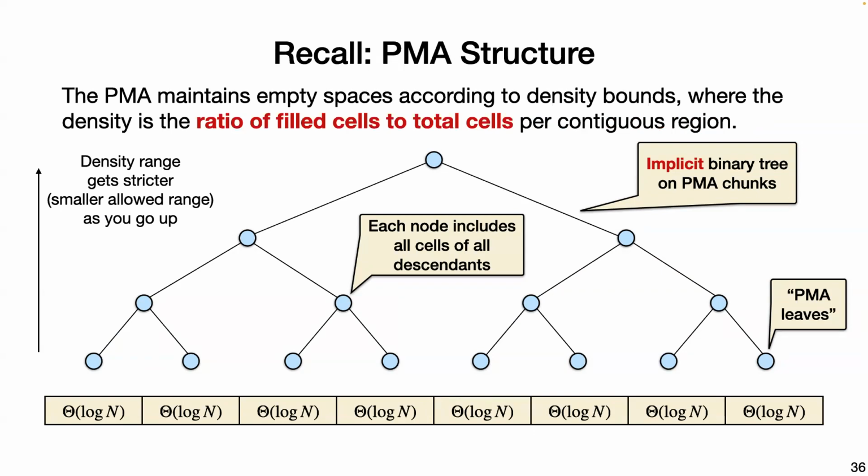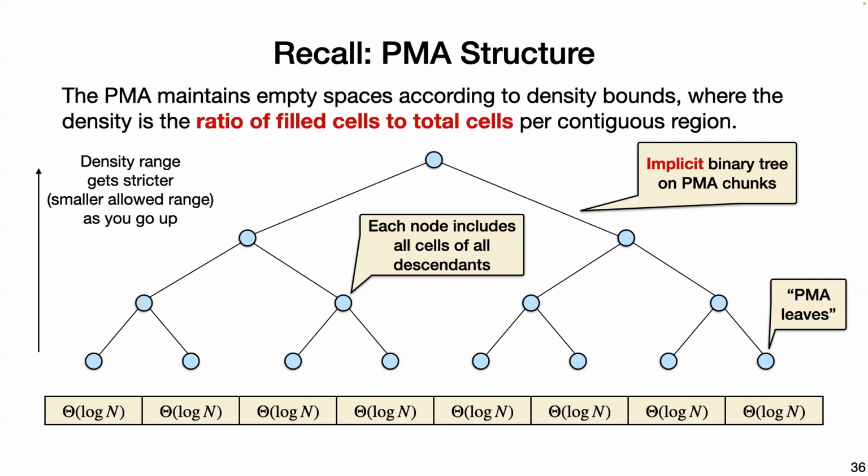And more generally, not just the leaves, but the entire allocation defines this implicit binary tree. So the leaves, like I said, are size theta log n, but the entire thing defines this binary tree. So these are the leaves, and then one level up from there, their parent is this entire region of these two. And then one level up from there, it would be all 4 of these. And then the root of this tree is all 8 of them.